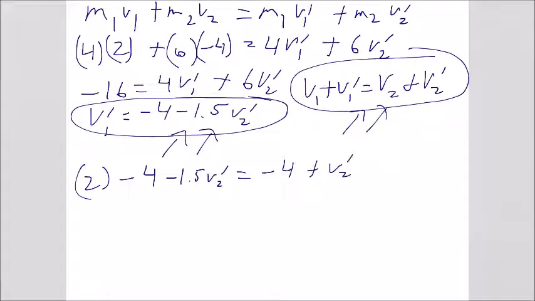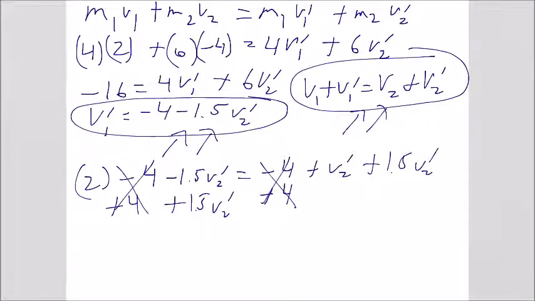So now we're down to one unknown. So let's combine like terms. Let's add this 4 to both sides. So these 4s are going to cancel out. And then let's add this 1.5 v2 prime to both sides.